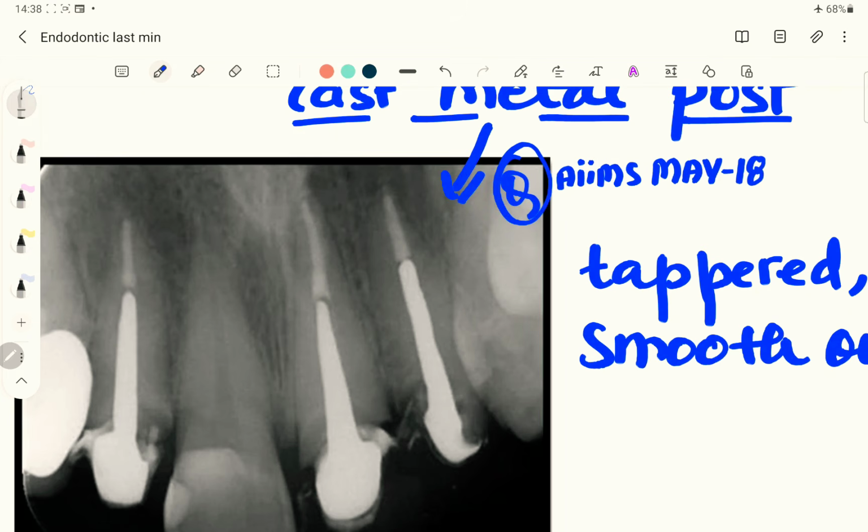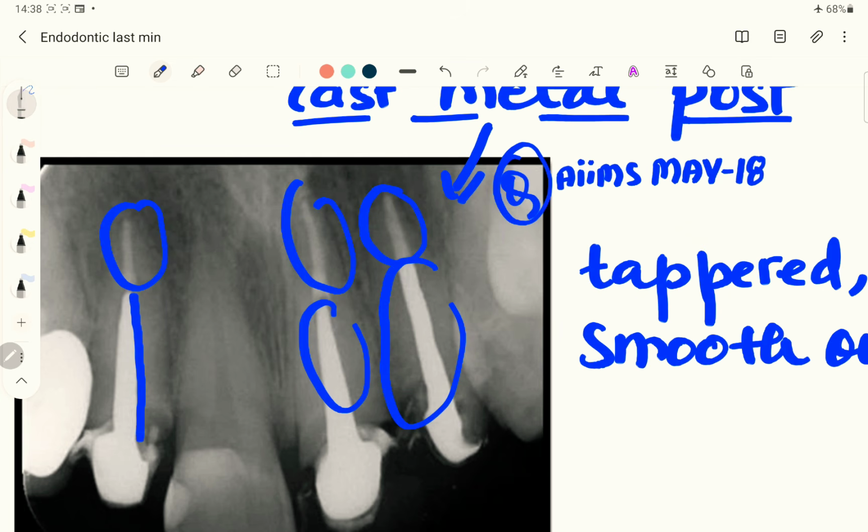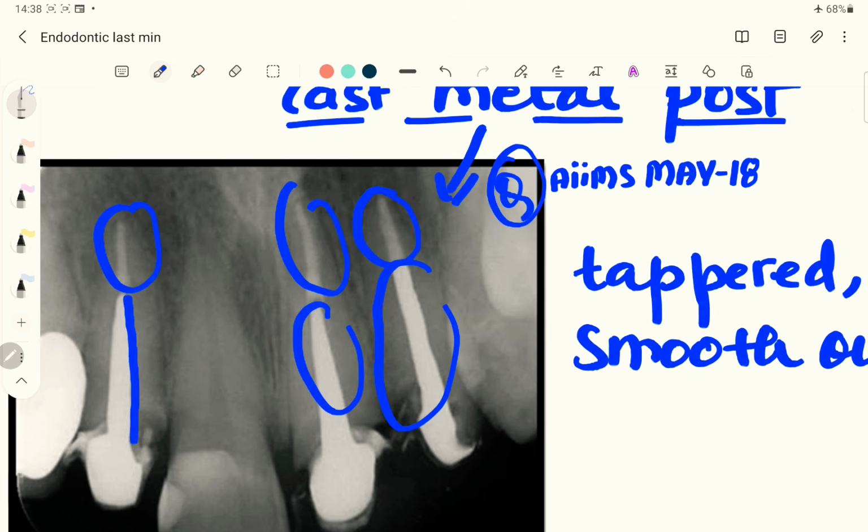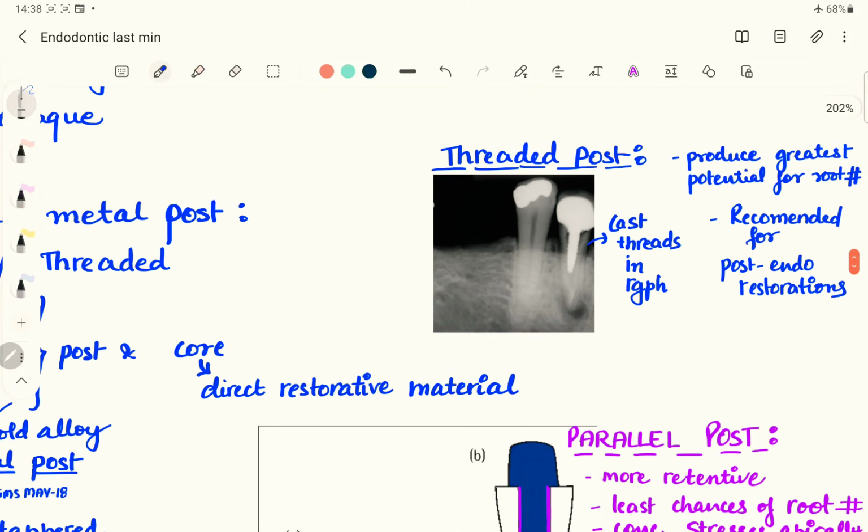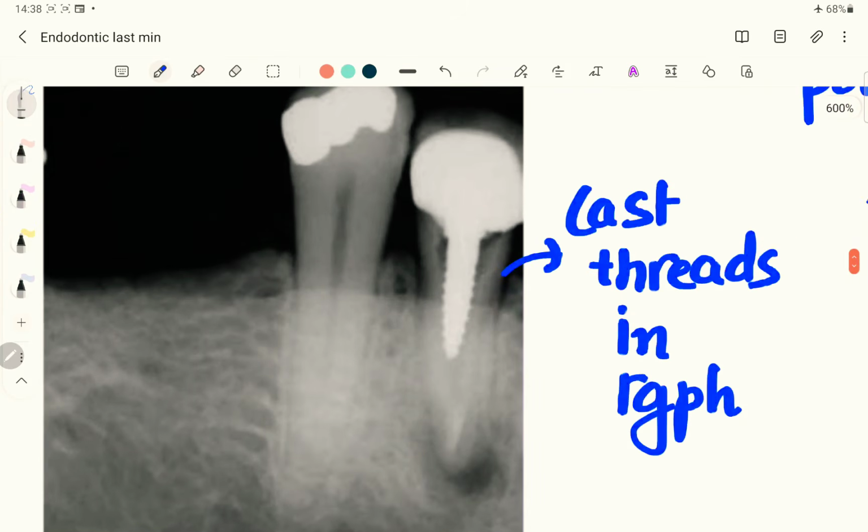You can nicely differentiate the radio opacity of the gutta percha and the radio opacity of the metal over here. And you can easily appreciate the smooth surface of this cast post. So they are very smooth. On the other hand, if you see a prefabricated metal post, you can find these serrations on the wall of the post.